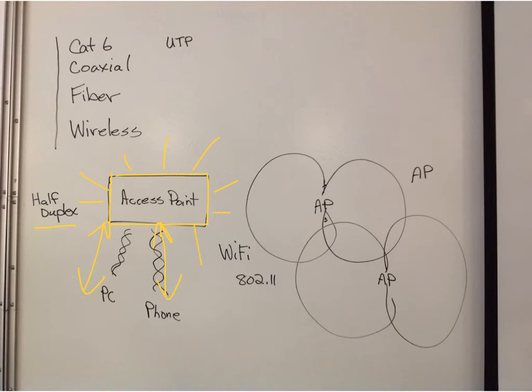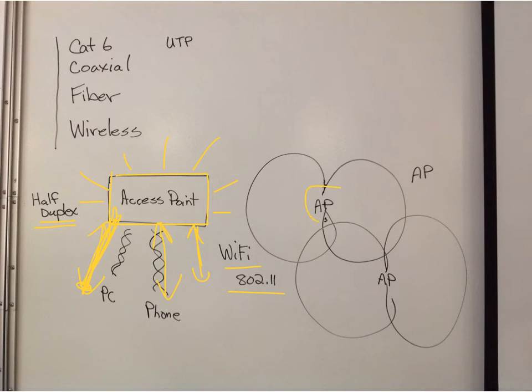Well, at any one instant, it's still fast. It's just that everybody's taking turns. You have to identify with the access point and then communicate with it. Then it okays and you send the data, and then it sends verification back. So that's important to understand, Wi-Fi 802.11.